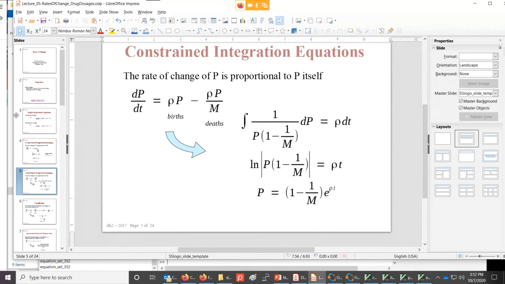It's saying that the amount of births is equal to the amount of deaths, and therefore the population is not going to grow or decline, but be maintained at a constant value. So yes, you do have new births, you do have deaths occurring, but when M is equal to 1, the overall amount of the population remains constant.